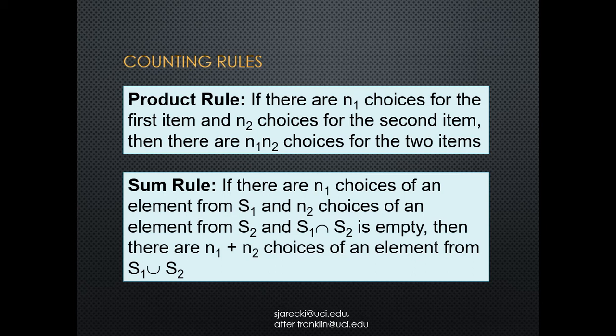For the sum rule, if there are n1 choices of an element from set 1 and n2 choices of an element from set 2, and the intersection of S1 and S2 is empty, then there are N1 plus N2 choices of an element from the union of S1 and S2.